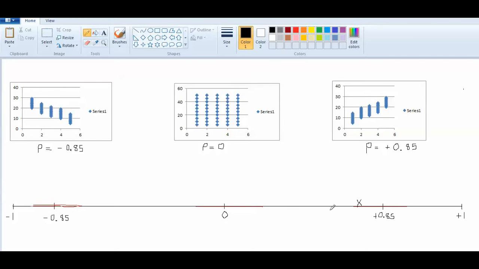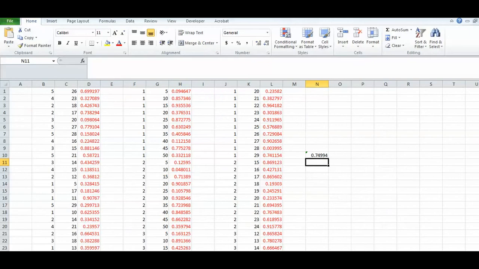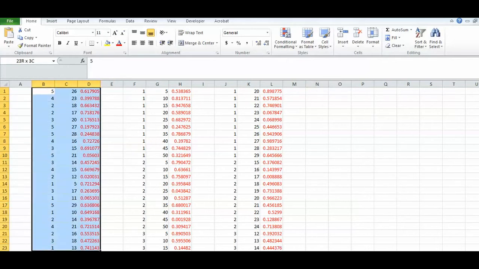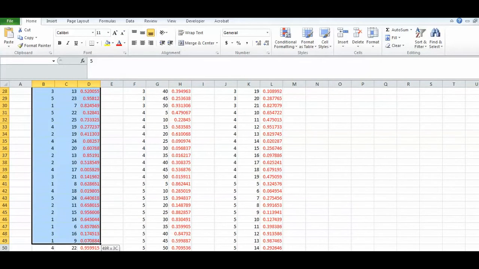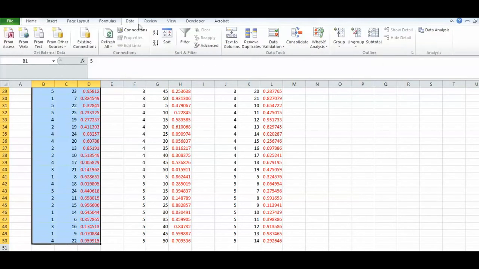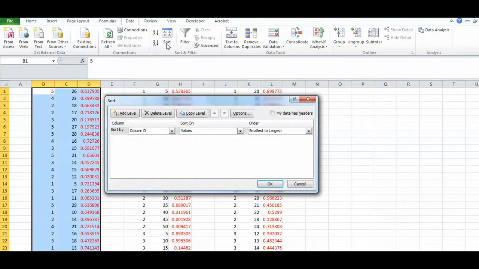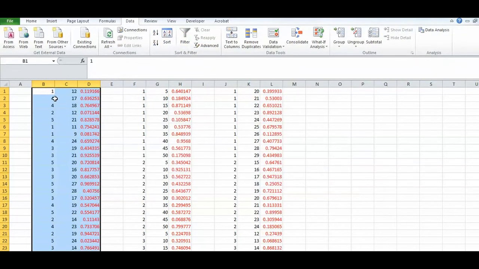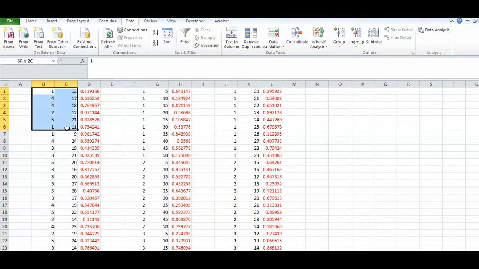Now let's sample this population again. We're going to have to reshuffle the numbers to get a new random sample. Go to sort, data, sort. So notice how it's not the same 10 people.